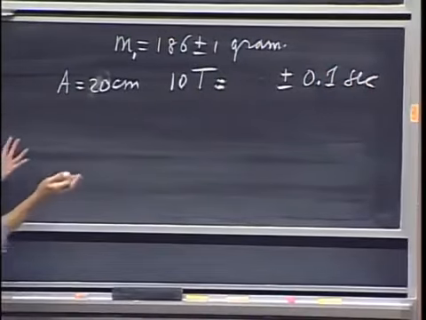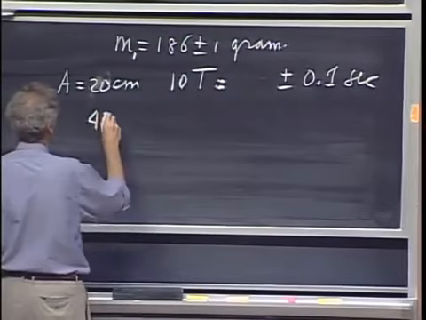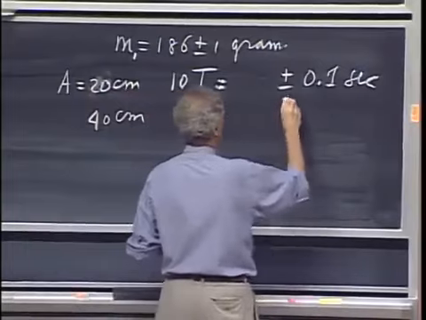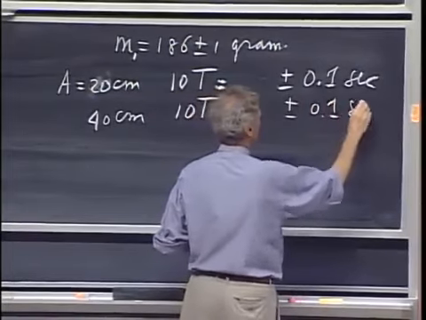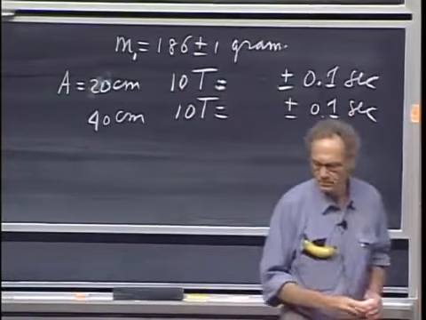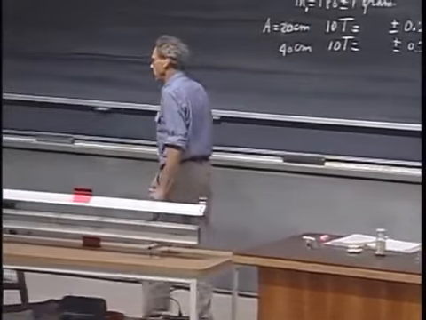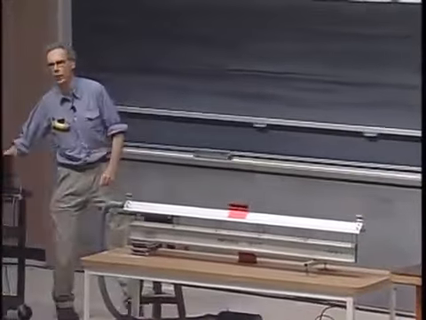That's about the reaction error that we all have, roughly. Then I will do it at 40 centimeters. We get a 10T, and we get, again, plus or minus 0.1 seconds. And we'll see how much they differ. They should be the same if this is an ideal spring within the uncertainty of my measurements.